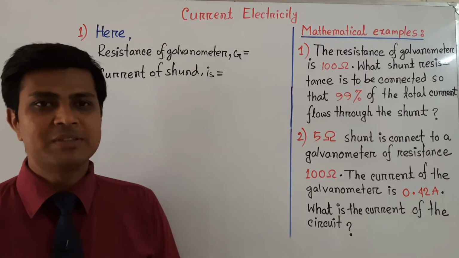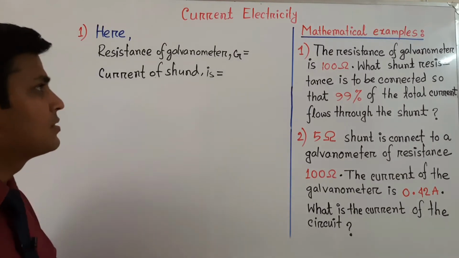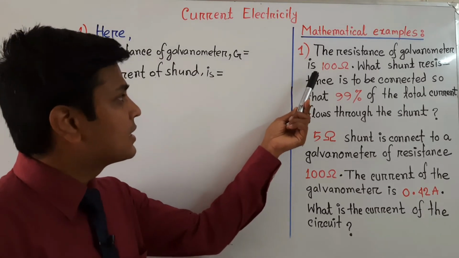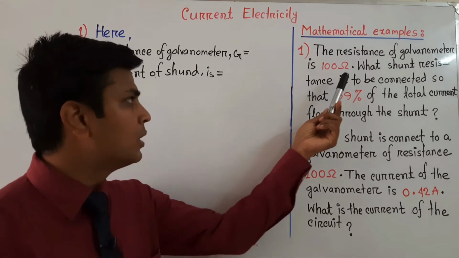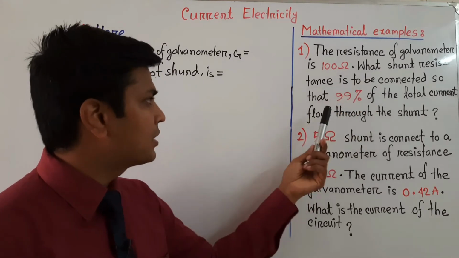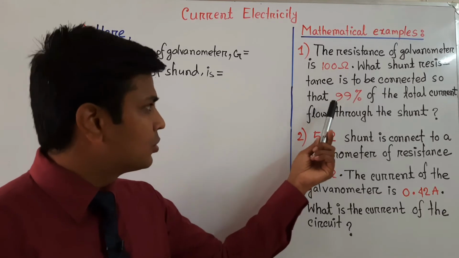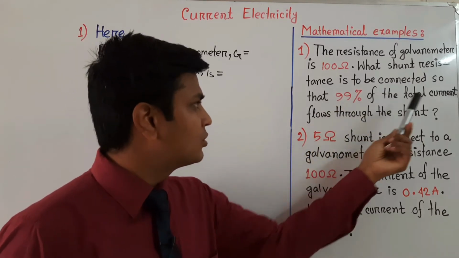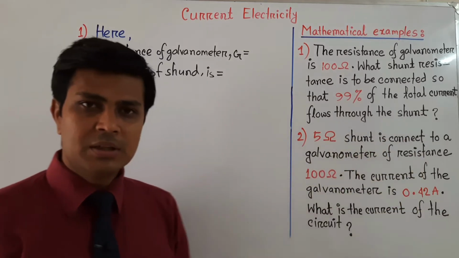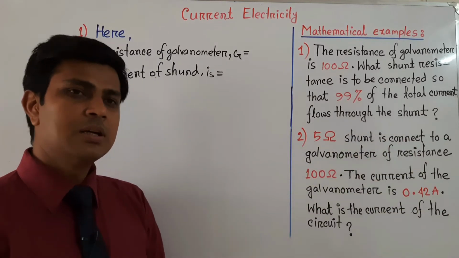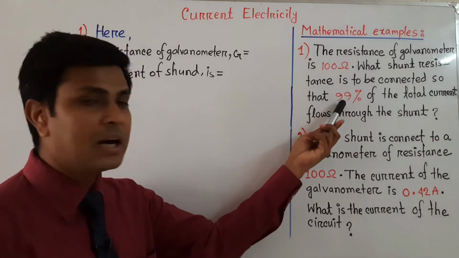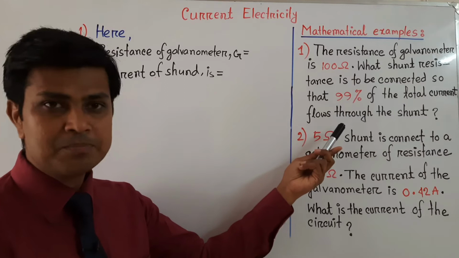Now I would like to explain some mathematical examples. Let's see mathematical example number 1, and the question is: the resistance of a galvanometer is 100 ohm. What shunt resistance is to be connected to it, so that 99% of the total current flows through the shunt? That means we have to calculate the resistance of the shunt, as 99% of the current will flow through the shunt.